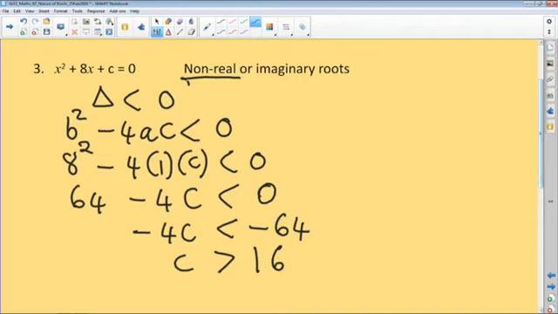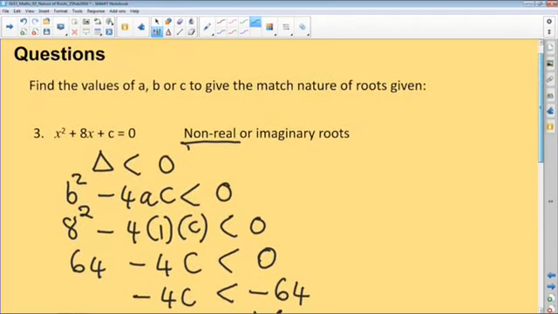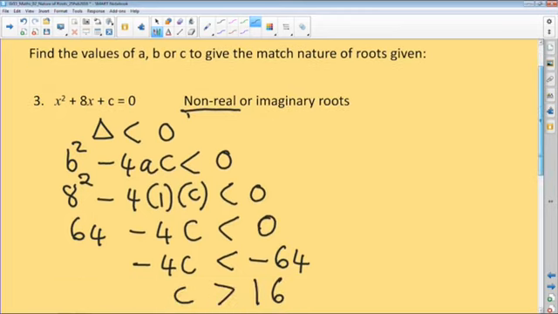So your c should be greater than 16. So for this to be non-real, you must have c greater than 16. If you sub in a number like 17 or 25, then you'll get a square root of a negative number. So if it was 16, you will be able to have only one real root there.